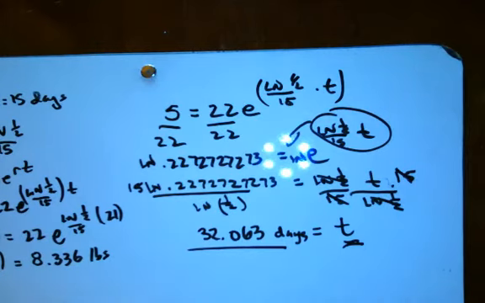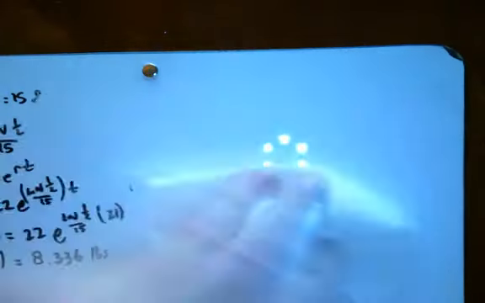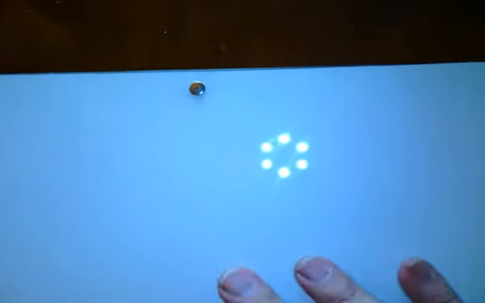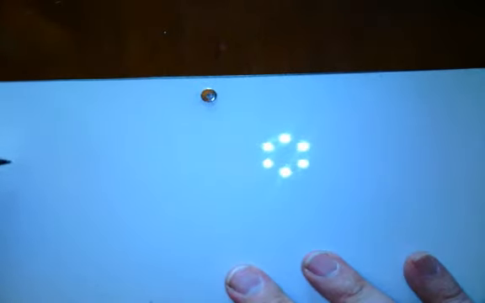Okay, what's next? Next, I want to deal with a different type of question, and that's the question of reasonableness. These exponential models that we've been using, especially the ones for population growth, suggest something about population over time.